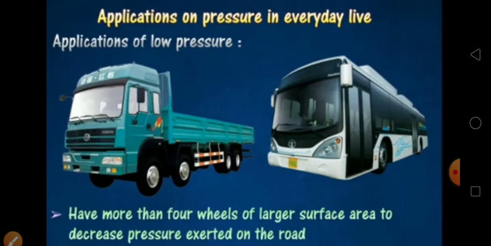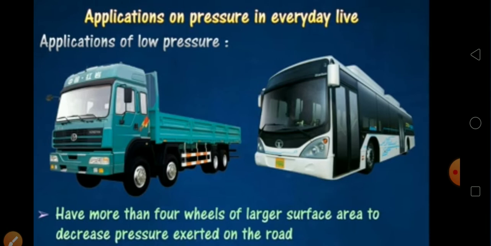Here you can see buses and trucks have more than 4 wheels of larger surface area to decrease the pressure exerted on the road. More wheels means more area, and more area means less pressure. So they can apply less pressure to move on the surface.